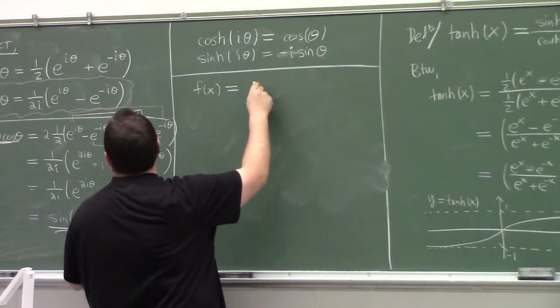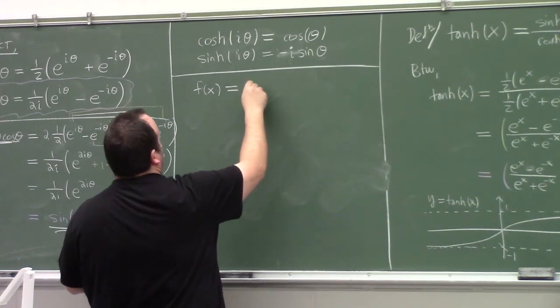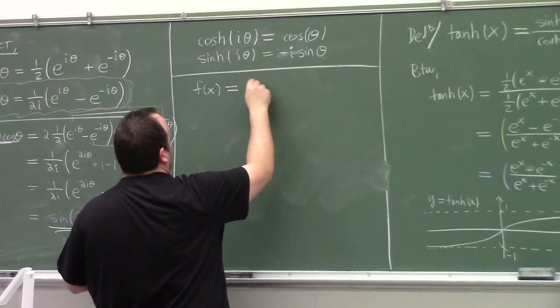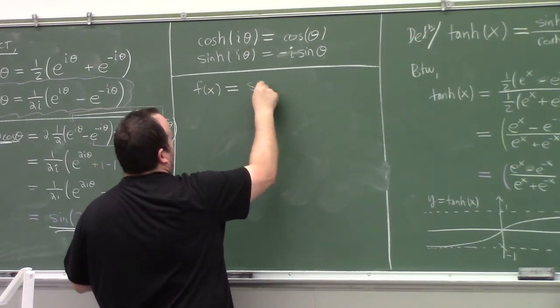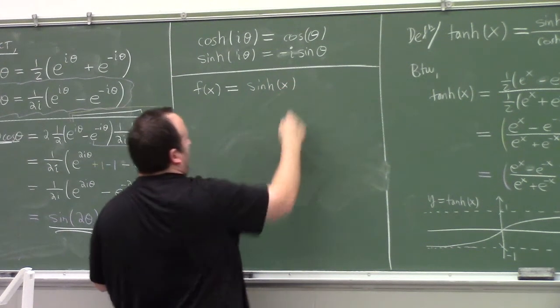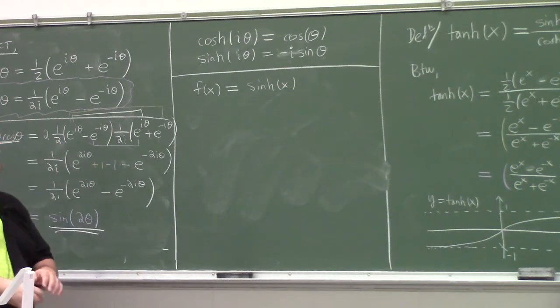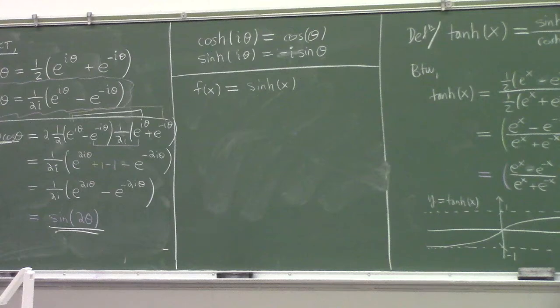Let's say f of x is sinh of x. What question am I going to ask you? I'm going to ask you to find the formula for the inverse function.